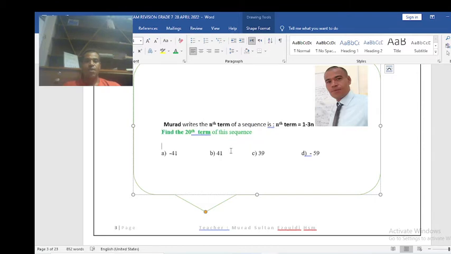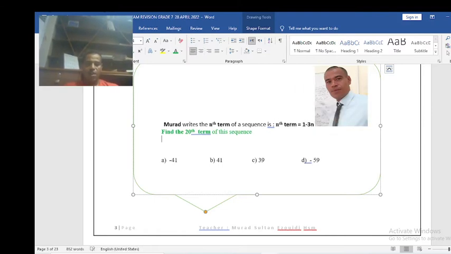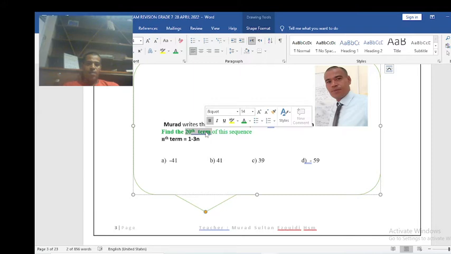So I will use the nth term of the sequence that Murad is trying to write. So it's a direct application.